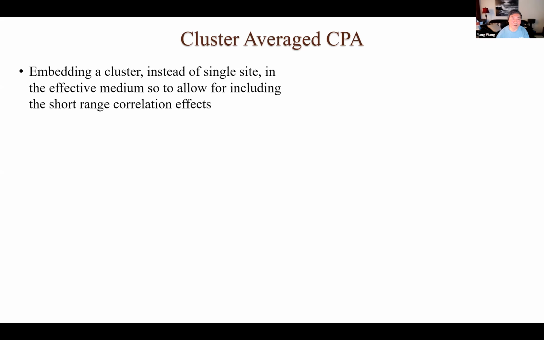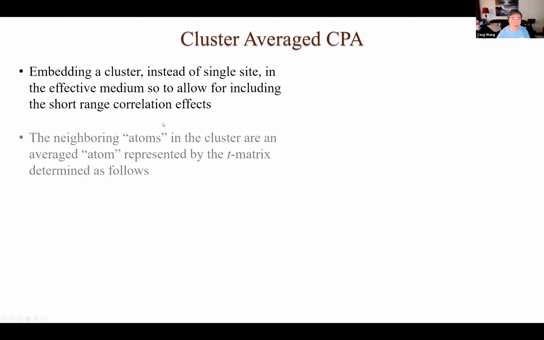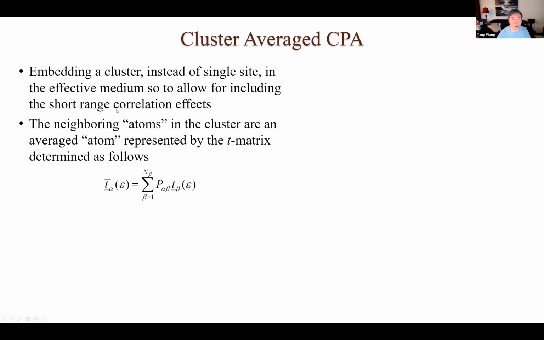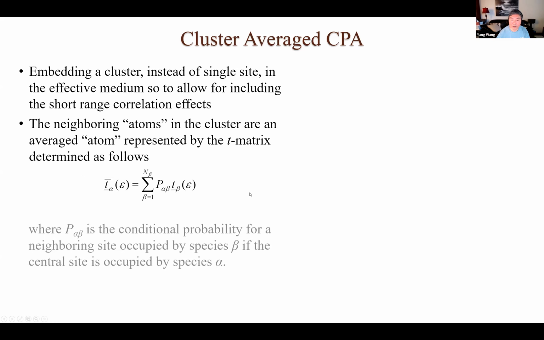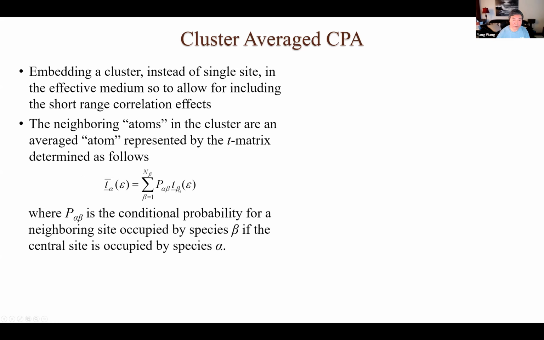So the idea is embedding a cluster instead of a single site in the effective medium, which allows us to include short-range order correlation effects. But of course, what kind of cluster do we deal with? Because the cluster could be many different configurations, right? So the actual cluster we include is not many different configurations. Rather, the cluster is made up of a given particular species at the center, surrounded by an averaged atom.